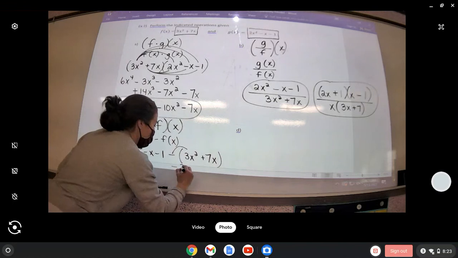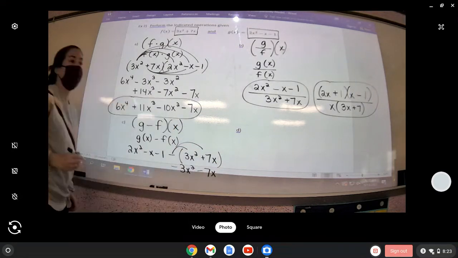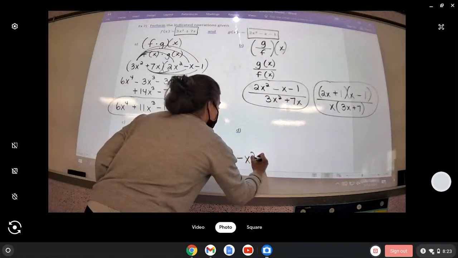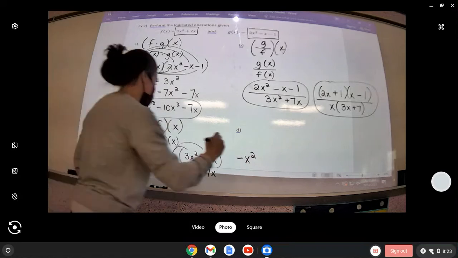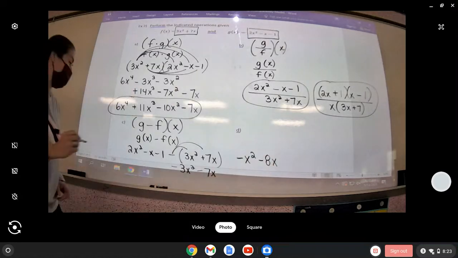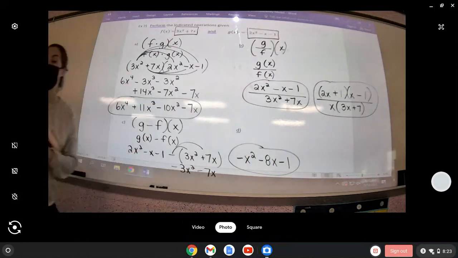So you got to distribute your negative, and then you can combine like terms. And that should be your new function.